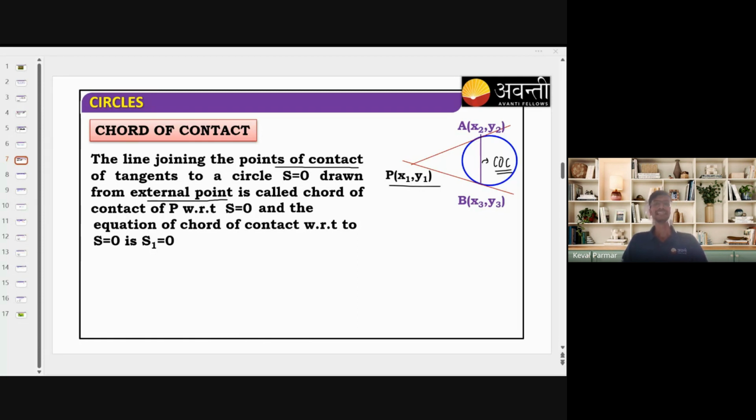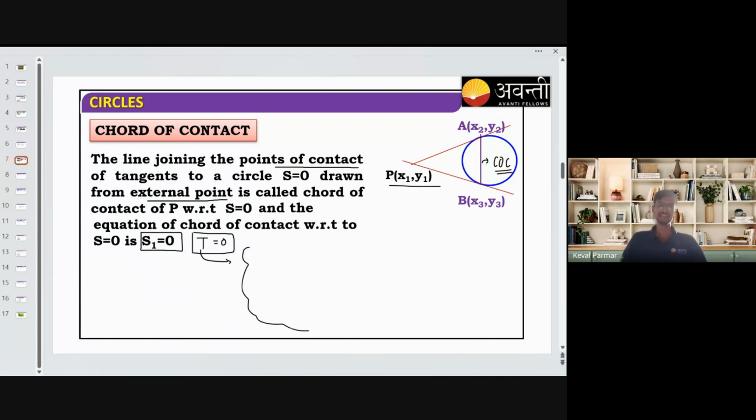Now, we can easily get the equation of the chord of contact, which is S1 equals 0. I hope you know, or many of you must have said, it is T equals 0. What is meant by S1 or T? We'll prefer T, right? But in many books, you can see S1 also given. What is T?